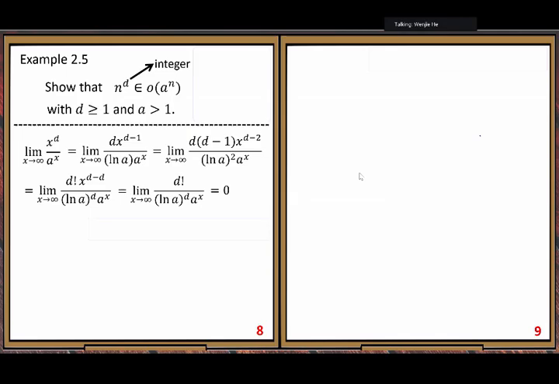There is a gap, right? There is a gap between d and integer part of d. Although d is not a constant, d has an integer part. Then there is a gap between those two numbers. Here we need to bridge that gap.